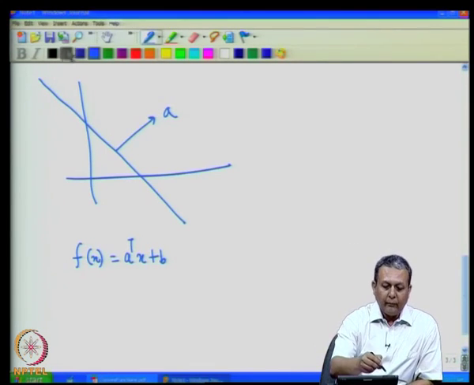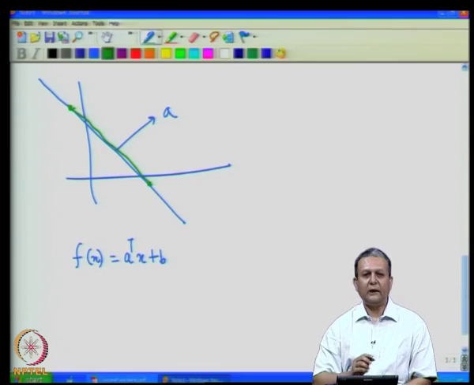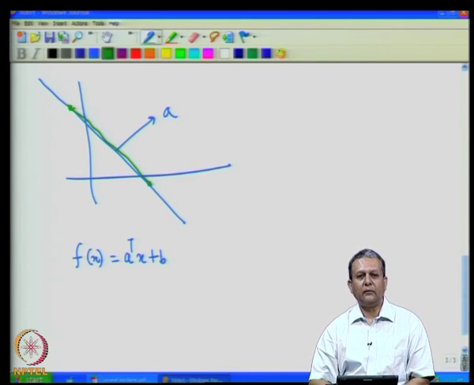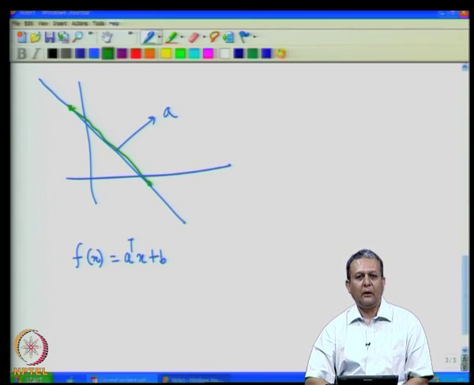Now, if we take any 2 points on this hyperplane and take a line segment joining them, we will see that it always lies on the function. So, f(x) equal to a transpose x plus b is an affine function which is convex. You will see that this also satisfies the definition of a concave function, because if we take minus f, that also is a convex function.